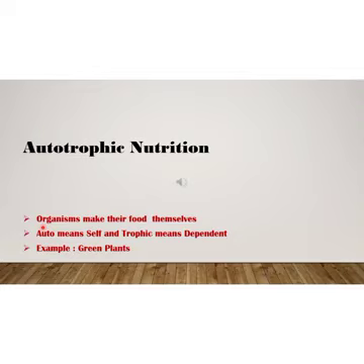When the plant makes its food itself, in autotrophic nutrition plants make their own food, means they are self-dependent. Auto means self and trophic means dependent, means they are not dependent on any other. Example, the green plants, they can make their own food. How they make their own food, I will explain to you.